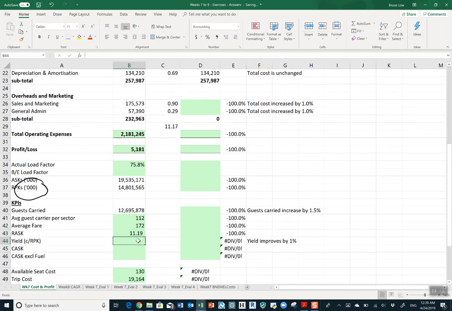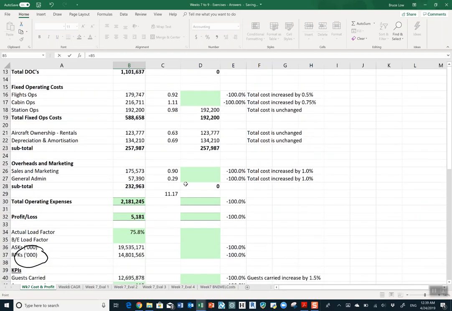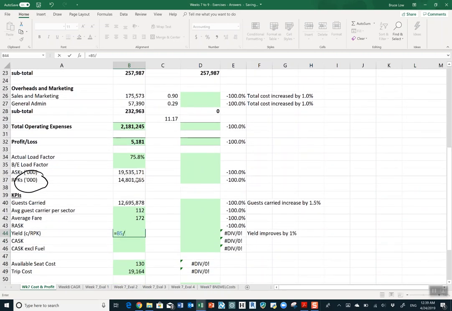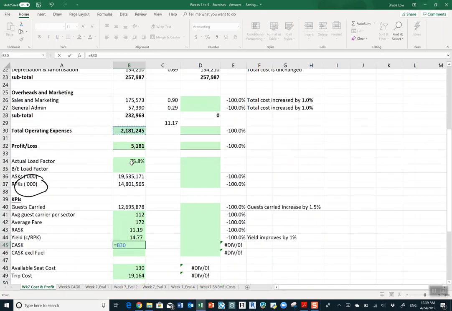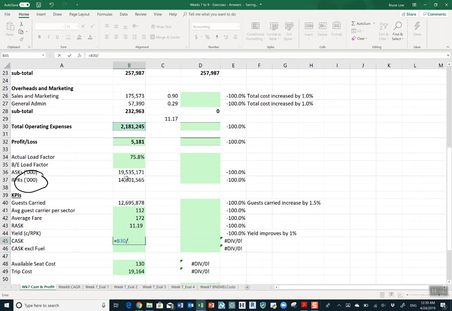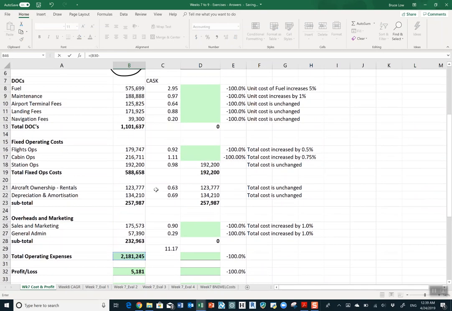Our yield is our revenue divided by our RPKs times 100 to get cents. Our cost per ASK is our expenses divided by our ASKs times 100, and our cost excluding fuel is our expenses minus, where's our fuel cost?